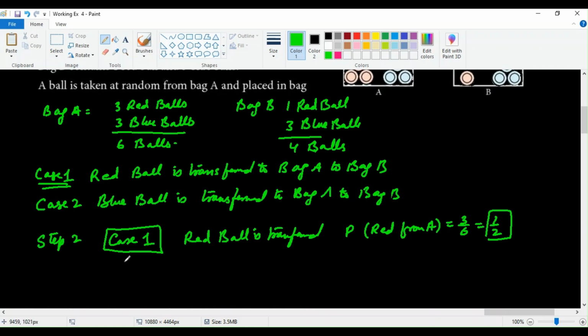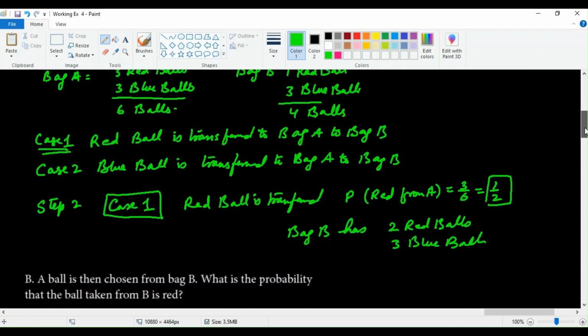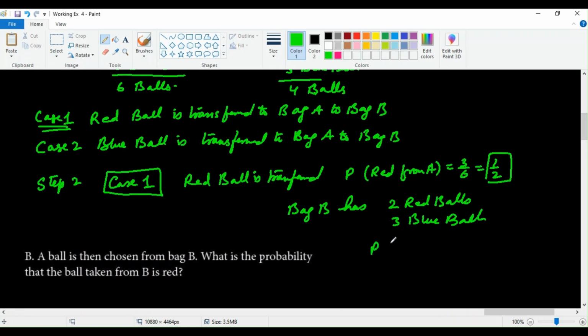Now bag B has 2 red balls and 3 blue balls. So altogether it's going to be 5. So possibility of red from bag B is 2 over 5 because we are talking about 5 balls.